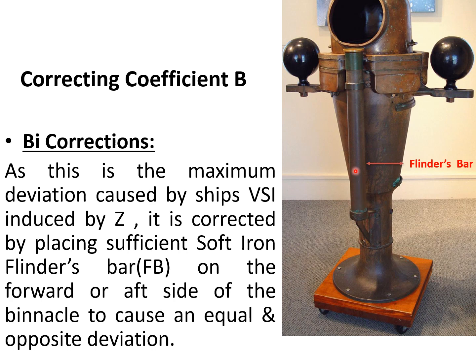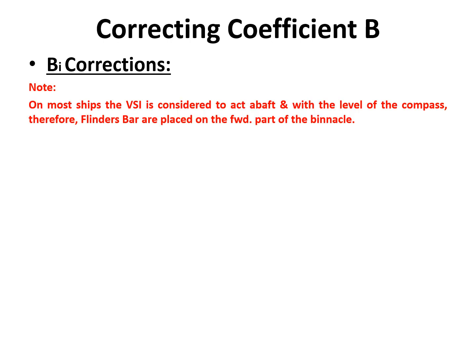And where actually we put Flinders bars, as per the B induced magnetism value? On most ships, VSI is considered to act above or at the level of the compass, right? So therefore the Flinders bars are always placed on the forward part of the binnacle, right?